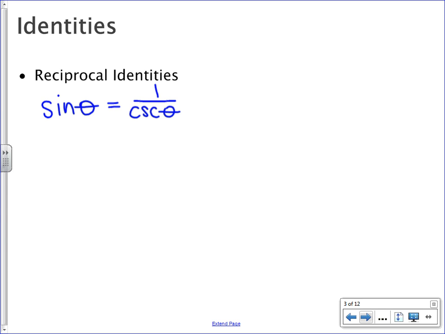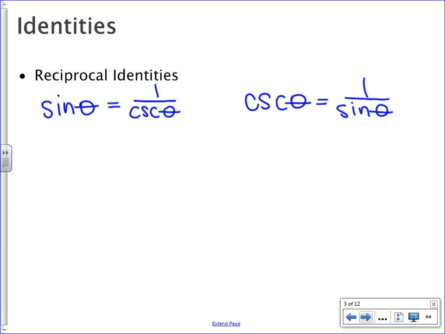The sine is 1 over the cosecant, which is the same thing as the cosecant being 1 over sine theta. This is probably one that you are more familiar with, but it can work both ways. Do you agree?